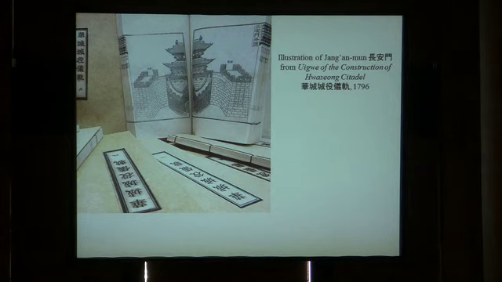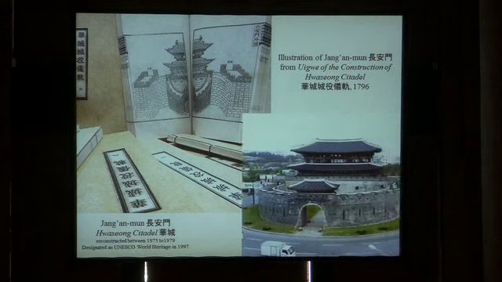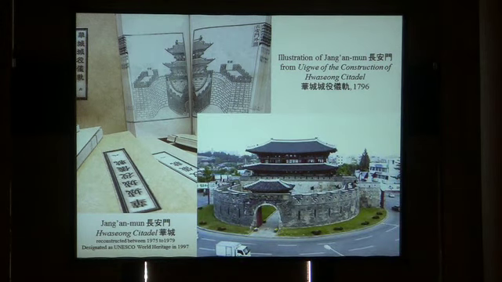And so after the creation of Hwasong, he decided that everything has to be all recorded with all the illustrations well printed. And then during the Korean War, the entire Hwasong was burnt down. But then because we had these Uigwe books and illustrations, we were able to reconstruct the Hwasong.